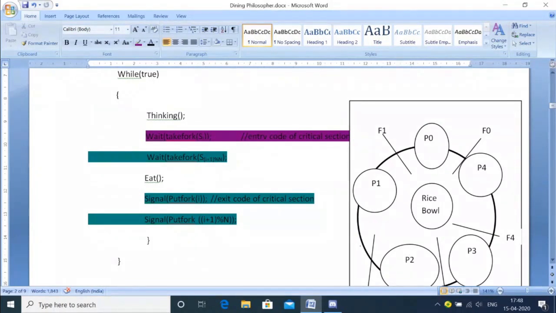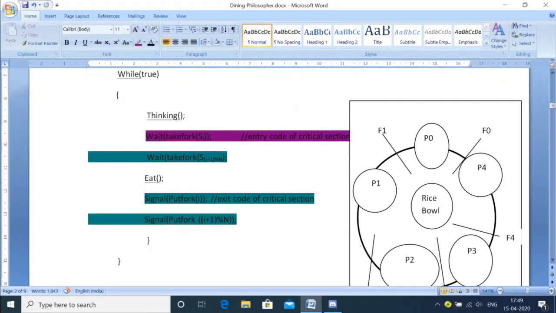Again, when P2 entered and executed this part of the code, it got the fork which is available, but it needs this also. So before it could pick this fork, before it could execute this code, because this code means the next fork which we can pick, again some preemption. Then P3 was given the control. So in this way, all the processes have taken only one fork.